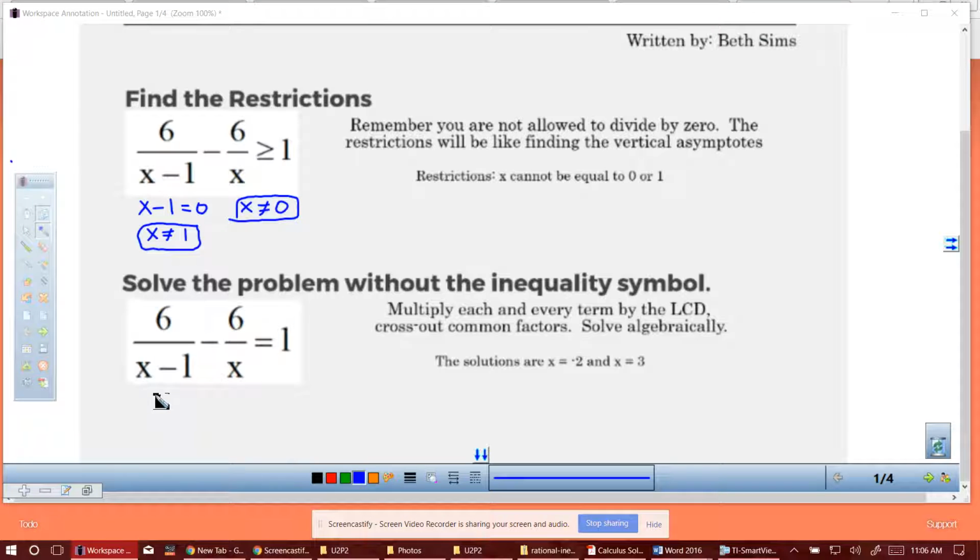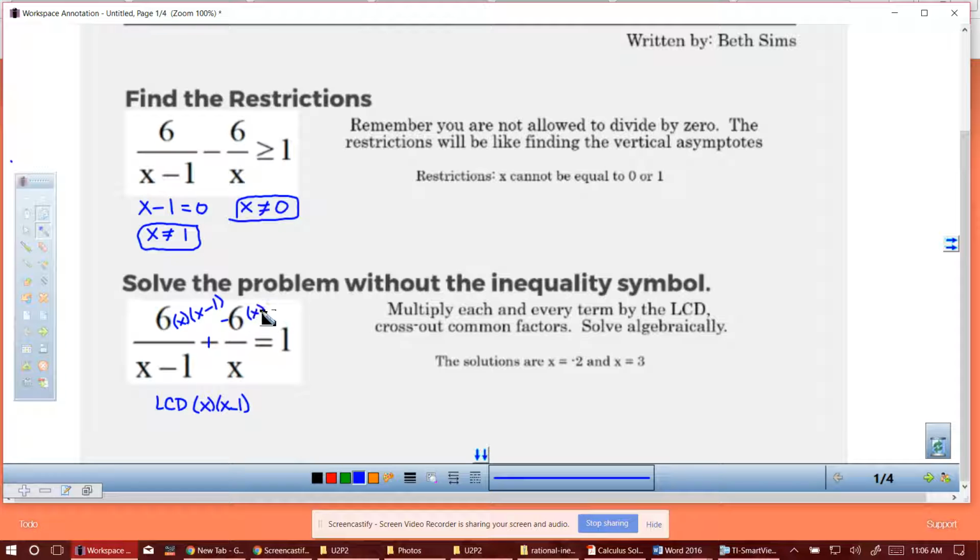Just like from the last part of our lesson, we know that we've got the restrictions. We do the least common denominator, which will be x times x minus 1. So we're going to multiply every term by x times x minus 1. I'm going to move the negative to be with the 6.